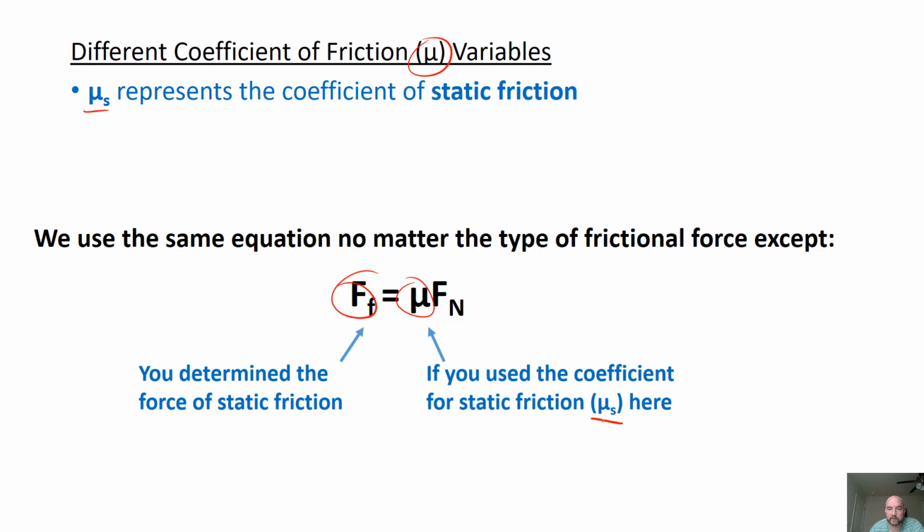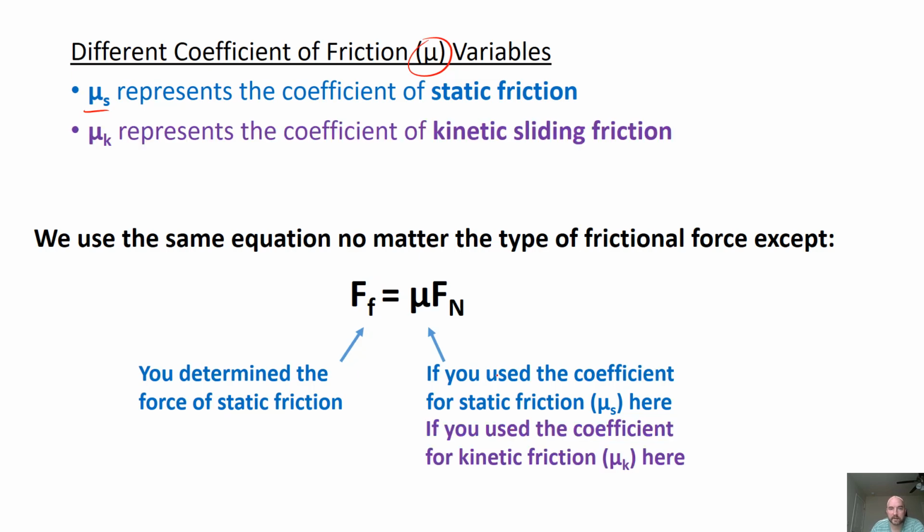And if we use the static friction coefficient, we've just solved for the force of static friction. Likewise, if we use the kinetic value, or we know that the object's moving in constant motion in a lab setting, I'm not going to change the equation.